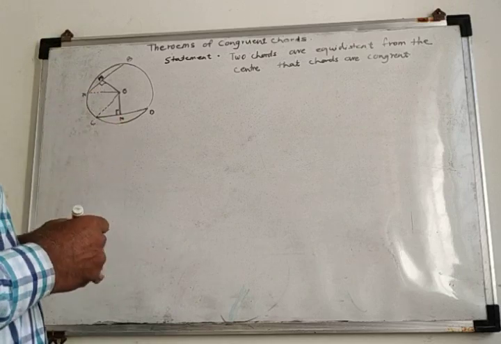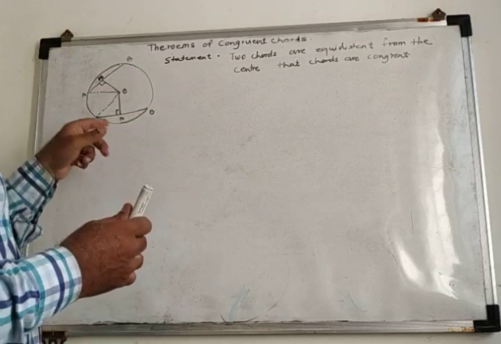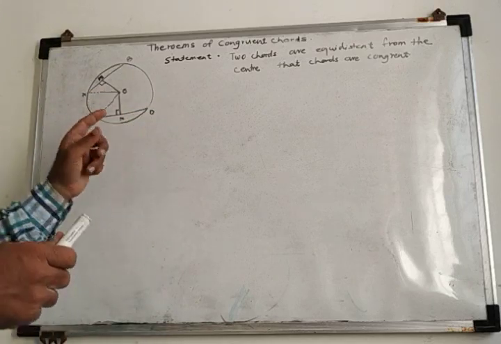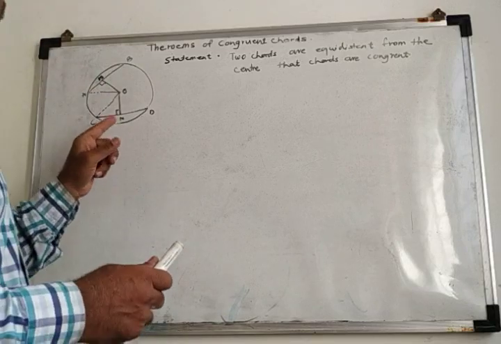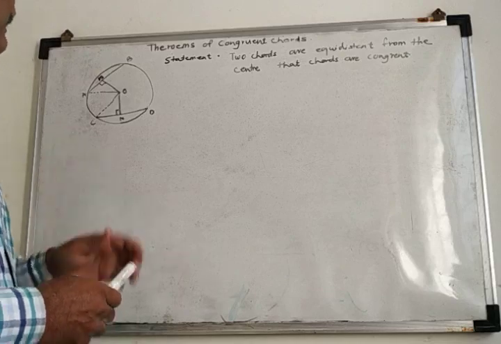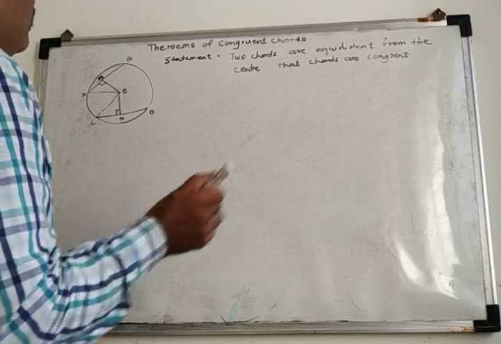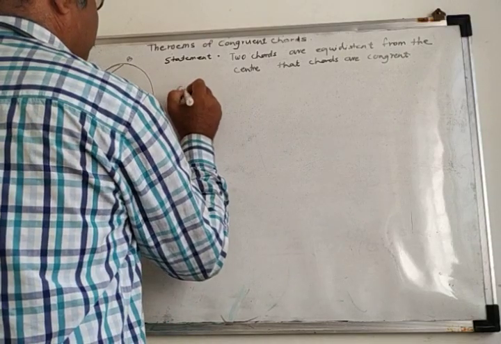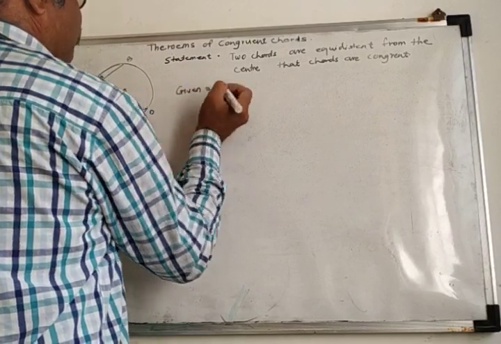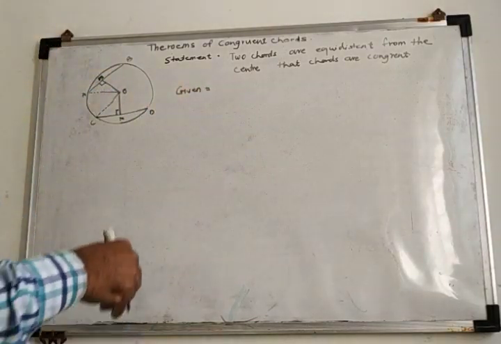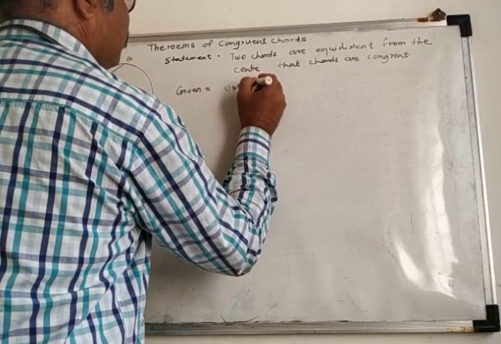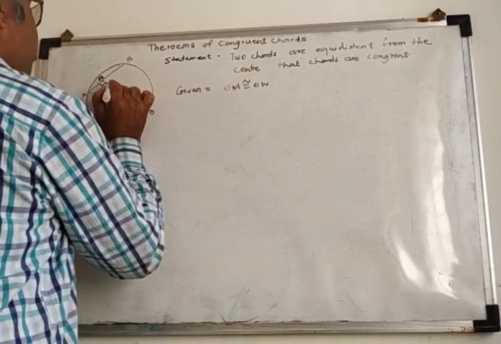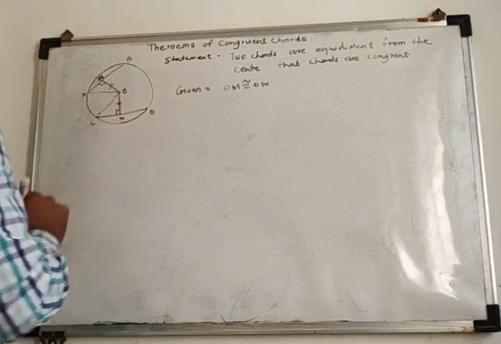They have not given it. Here they have given that the two chords are equidistant, meaning they are drawn at exactly the same distance from the center. So the special thing given is that OM is congruent to ON.